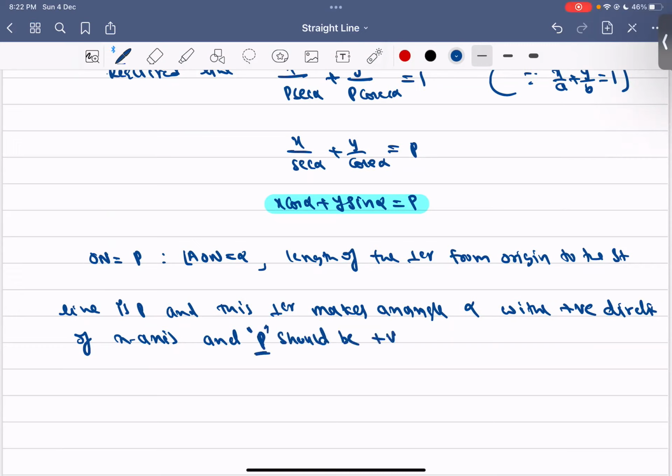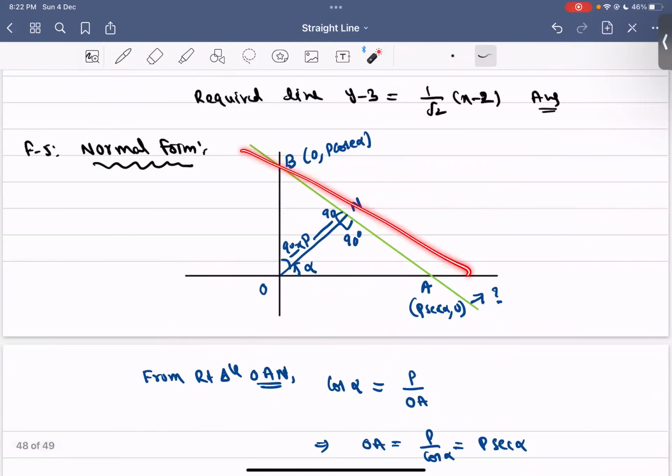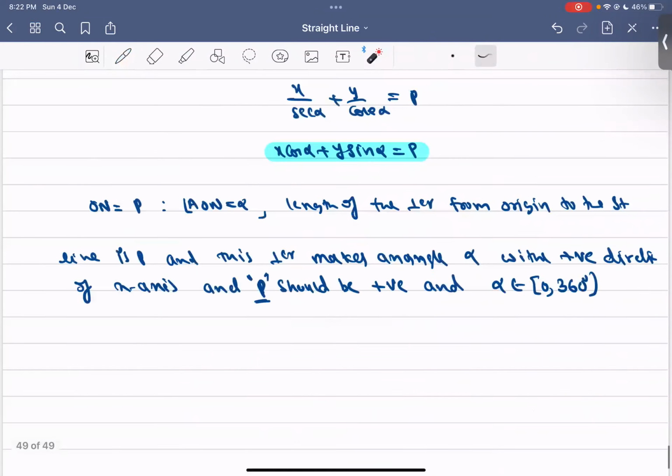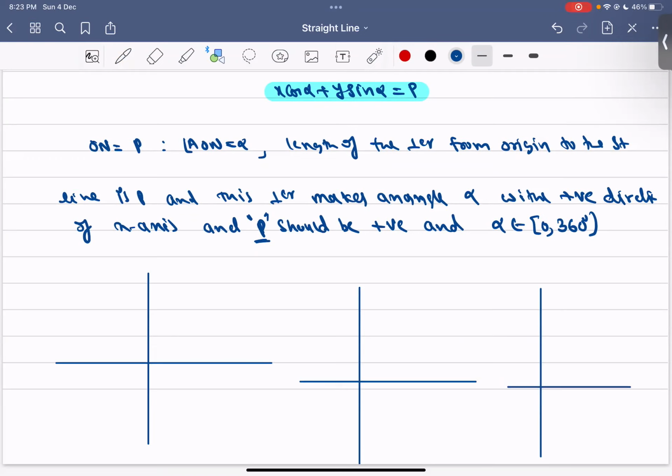P should be positive, and alpha belongs to [0, 360), because here I have taken the line like this, but the line may be like this also, in any of these forms.